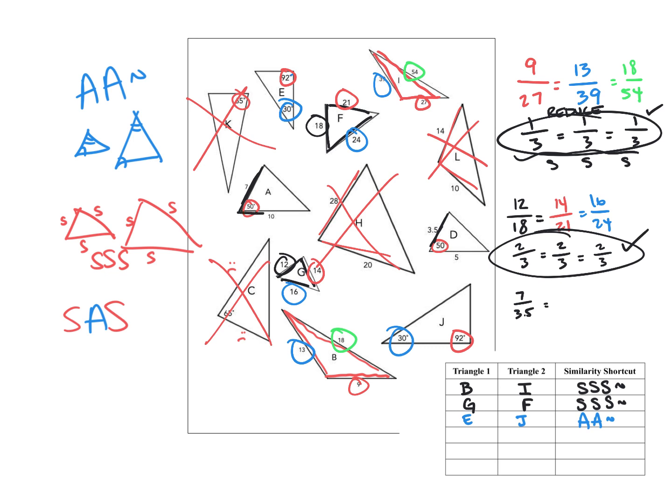All right, let's check the other S. 10 over 5. I could reduce those fractions or divide it. 7 divided by 3.5 is 2. 10 divided by 5 is 2. So we checked it for proportionality, and yes, the sides are proportional. So A is similar to D by side similarity.